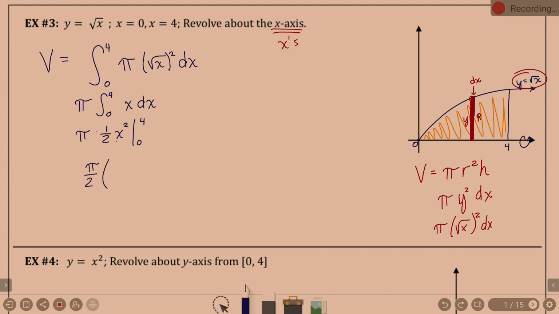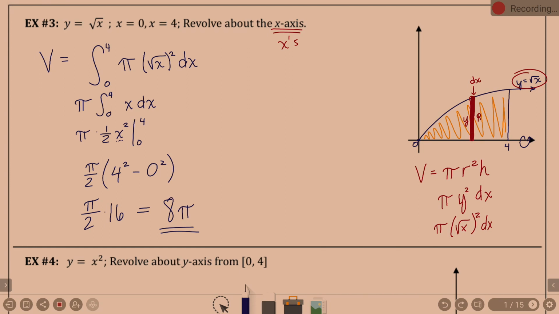Then I only have to evaluate with x squared. Plug in 4, plug in 0: 4 squared minus 0 squared, 16. Pi over 2 times 16 is 8 pi. Questions there? If only they were all this easy, right? But that's a basic setup. We need to walk out of here knowing how to do this setup today.